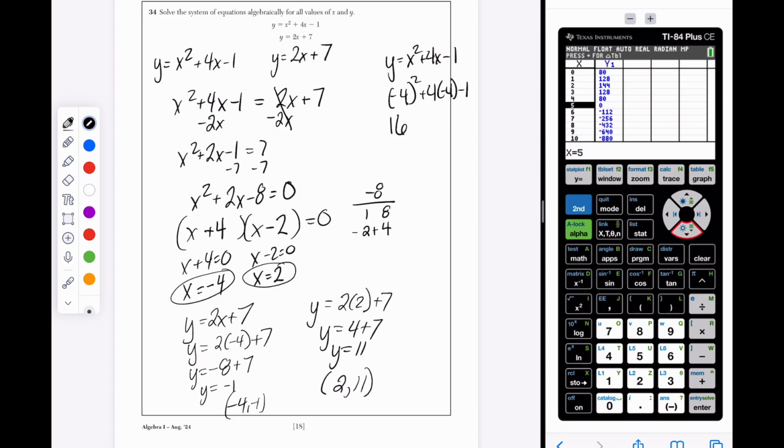So 16 minus 16 minus 1. 16 minus 16 is 0, minus 1. So y is equal to -1. So yep, this is true. (-4, -1) works.